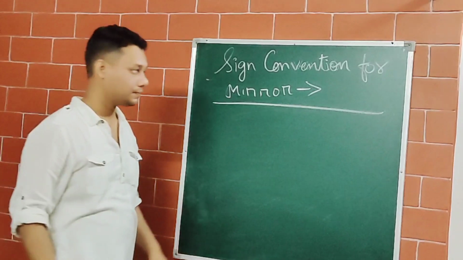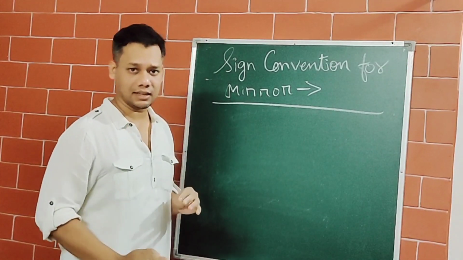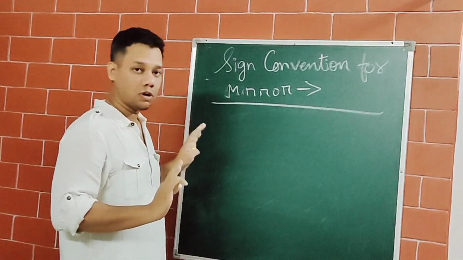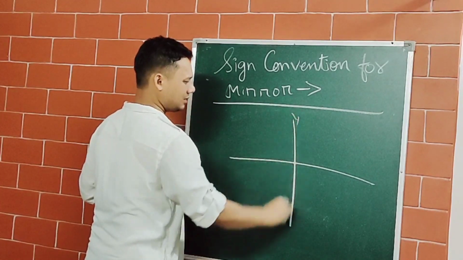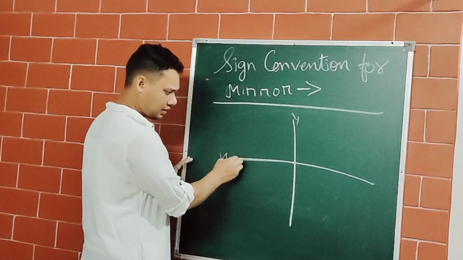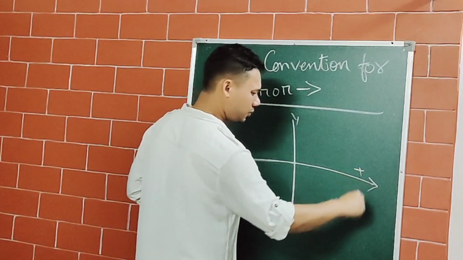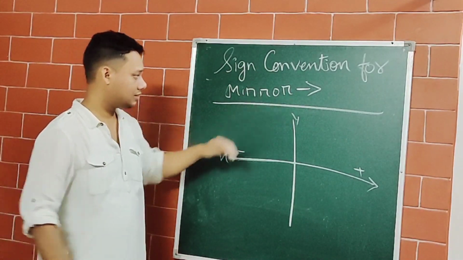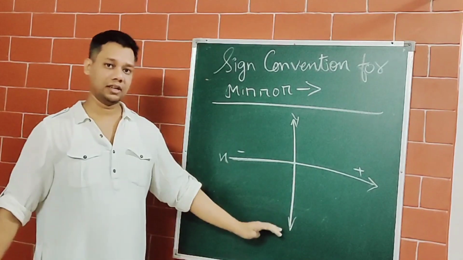As we take it in the Cartesian coordinate, we will take it as it is in the mirror also. So in the Cartesian coordinate, this is the y-axis and this is the x-axis. This side is considered as negative x and this side was considered as positive x. The upper side is positive y, the lower side is negative y.